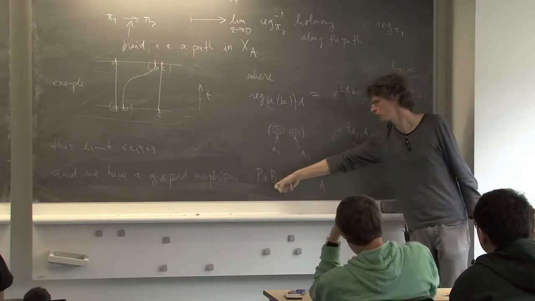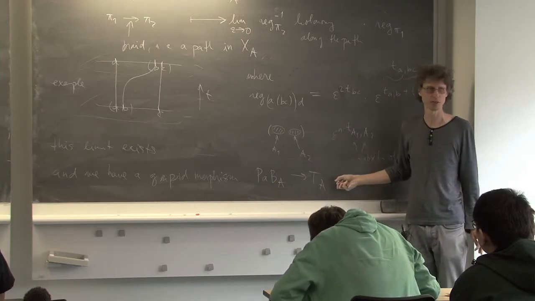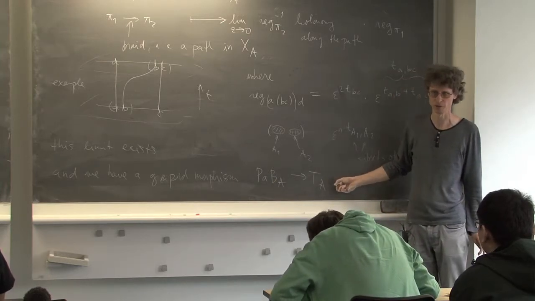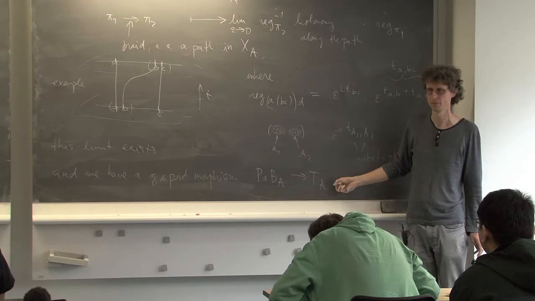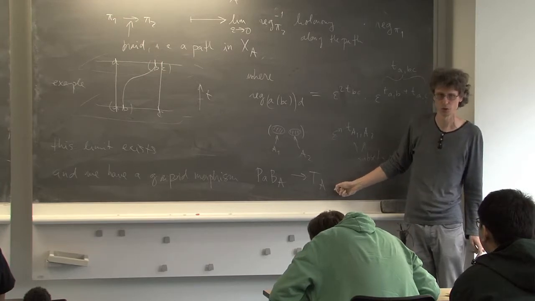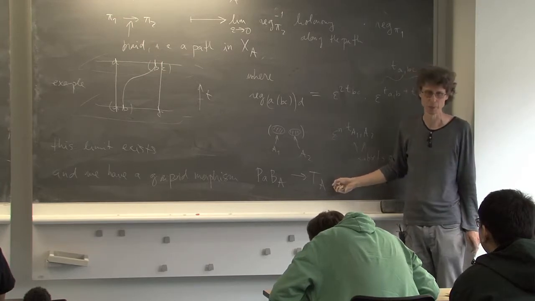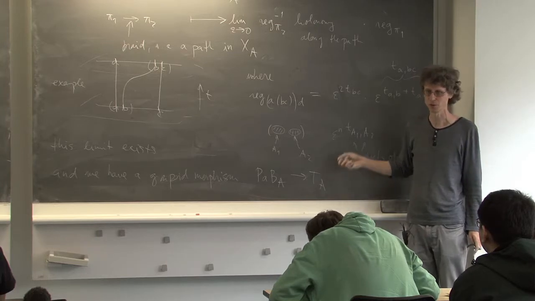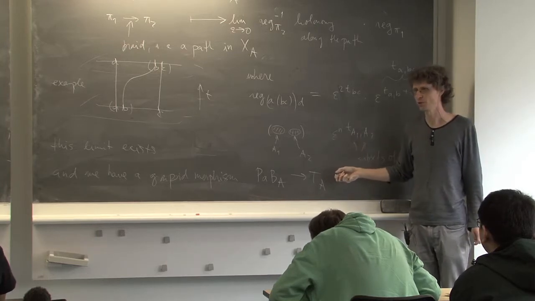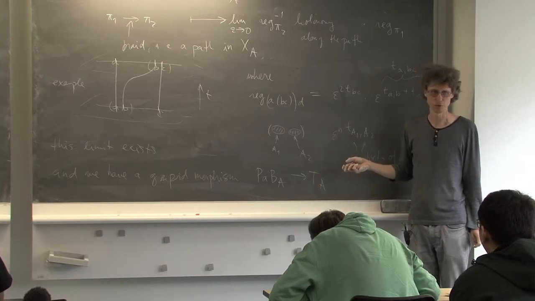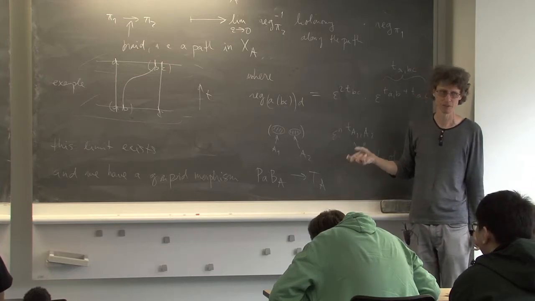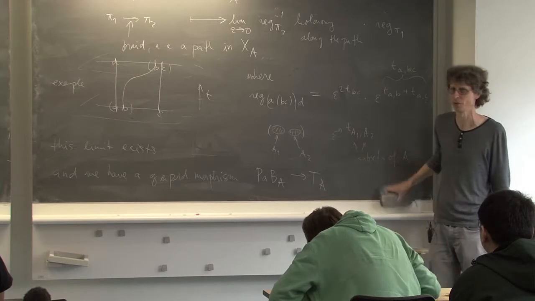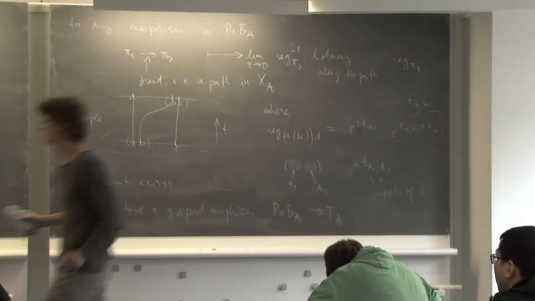So it's true that those groupoid morphisms are defined for every non-zero epsilon. But the one that we're actually going to use is the one which is given by the limit. Why is that? Because if you use non-zero epsilon, they are not compatible with operad decomposition, but that limit is compatible with operad decomposition. So let's finish that.